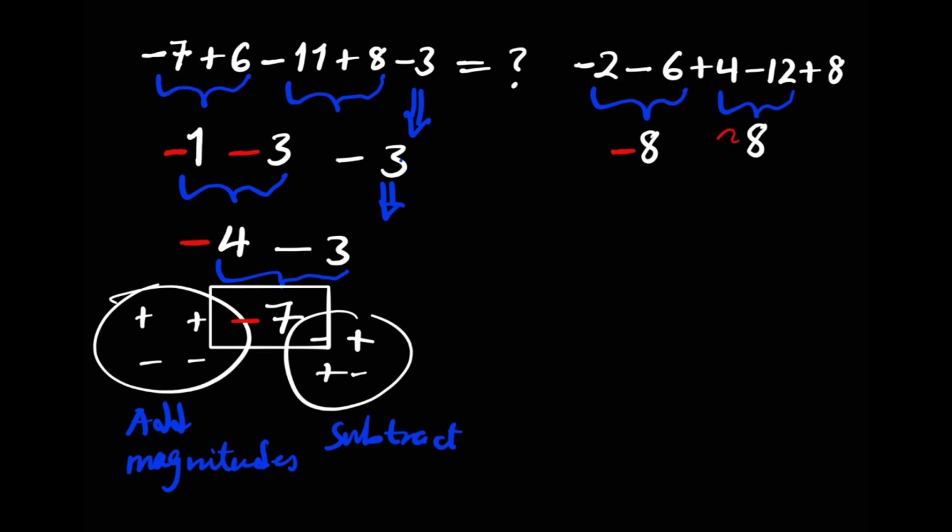And then the sign is negative because 12 is bigger than 4. So we use the sign of 12, that is negative. Let's go ahead and bring down the positive 8. We have the positive 8 here.